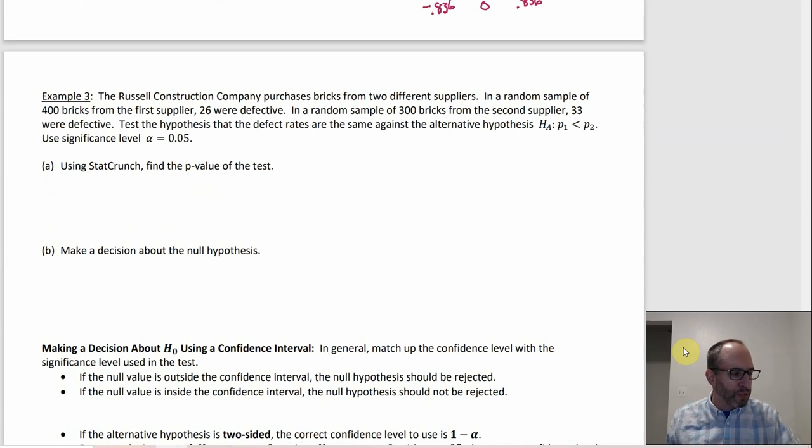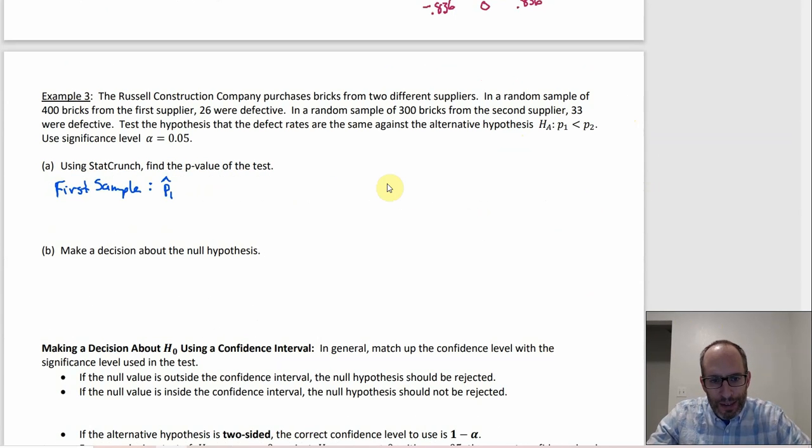All right. So first things first, I guess. First sample proportion. From the first supplier, we have that p1 hat is 26 over 400, right? 26 defective out of 400 bricks total.